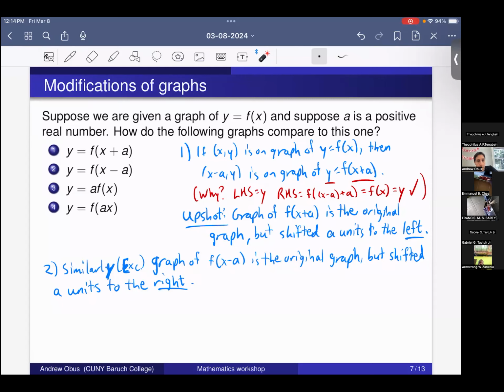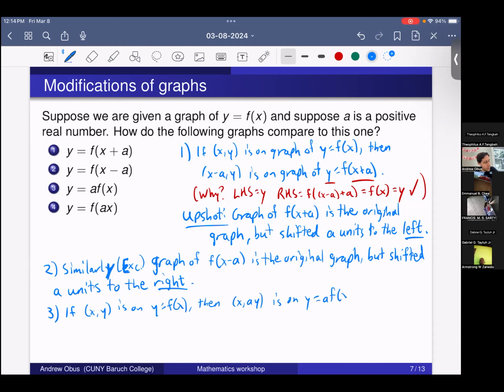Okay. All right, so if that's fine, let me just do the other 2 parts. So number 3, we'll say that if xy is on y equals f of x, then we multiply it by a. Well, then x comma ay is on y equals a f of x, right? Because if one side is y and we plug in ay for y, we get ay, and on this side we have a f of x, which is also ay.